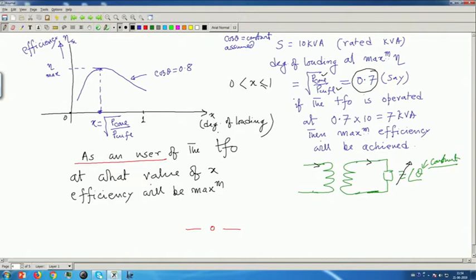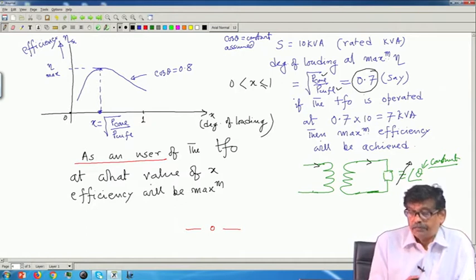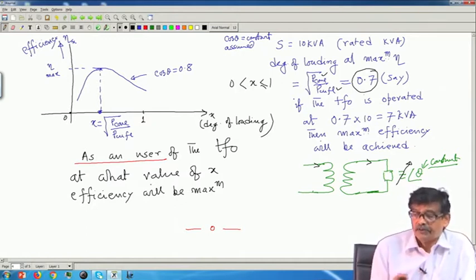Maybe cos theta is equal to 0.8. Keep this constant and vary the magnitude of Z, that is, vary R and X of the load such that the X by R ratio remains constant. That will ensure the power factor is constant. But anyway, this is the curve we have got for a given constant power factor.